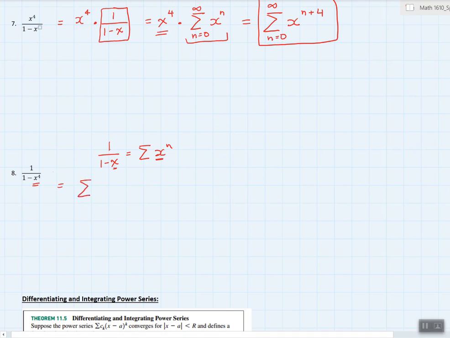When it was 1 over 1 minus x, you had x to the power n. Now I have 1 over 1 minus x to the power 4. So I'll write x to the power 4 and then raise it to the power n. So instead of x, I have x to the power 4. This is the composition we were talking about. So therefore the answer is the summation of x to the power 4n.